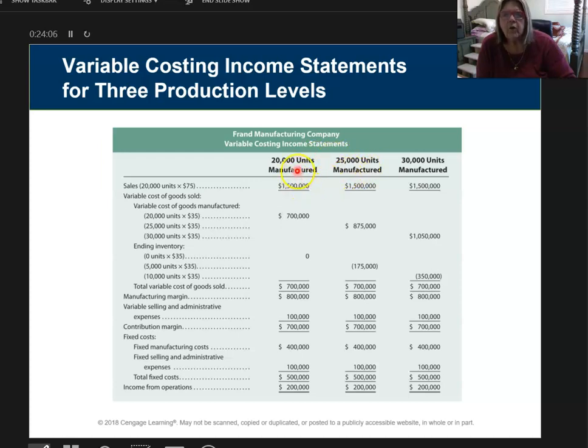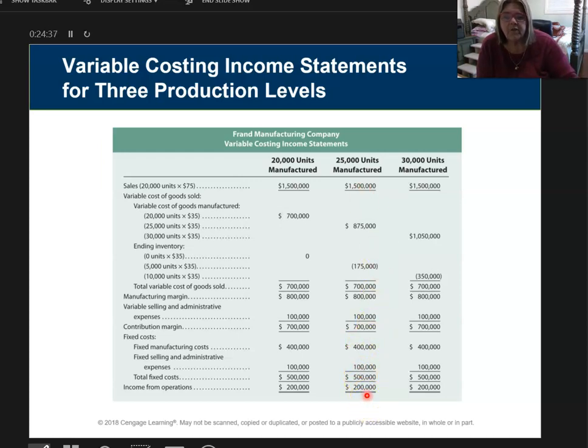Regardless, what's happening here, and this is a little weird when we get down here, is if I sell 20,000 and I make 20,000, we know income from operations is going to be 200,000. But if I actually make 25,000 and only sell 20,000, I'm going to have leftover inventory, and this would be a scenario when units made exceed units sold, so my variable income would be less.